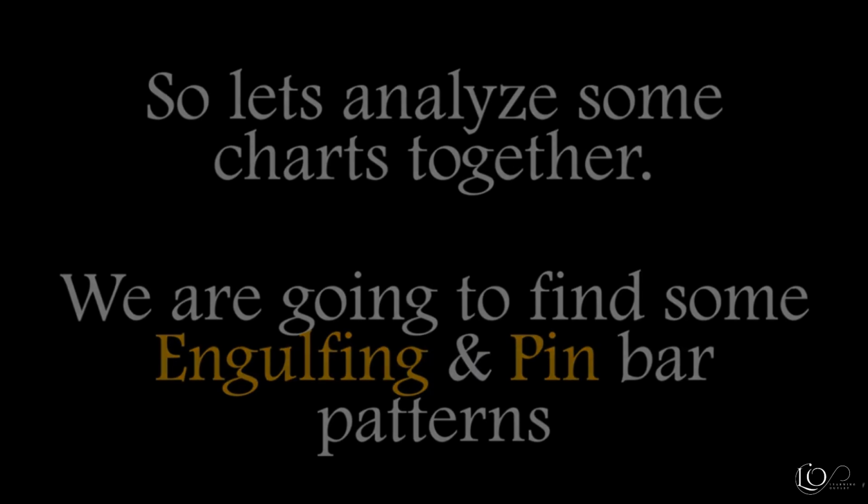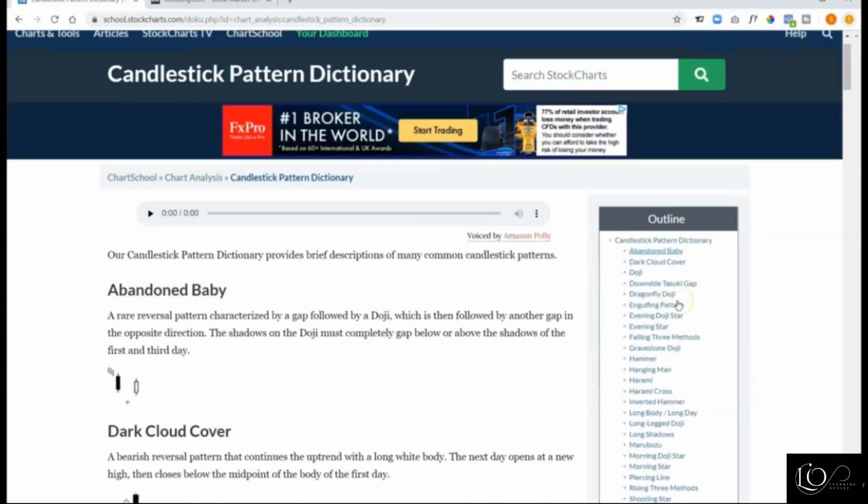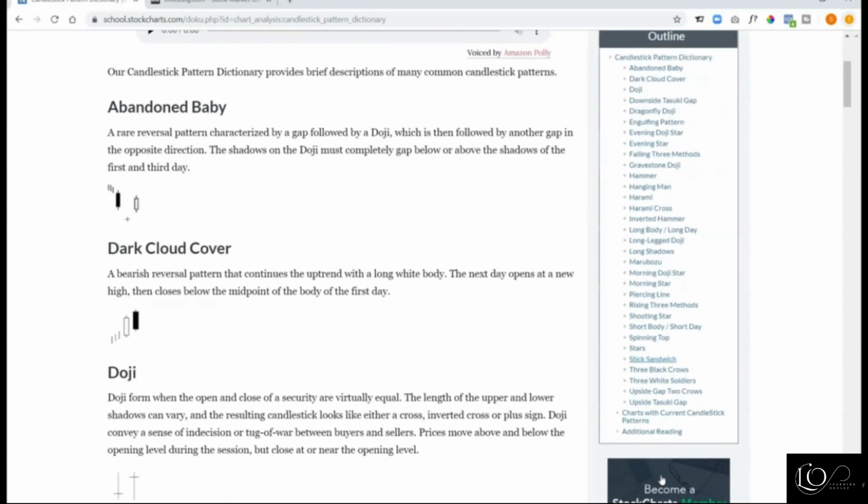But first, if you want to learn about all other candlestick patterns that are out there, you can come over to the Candlestick Pattern Dictionary and just search for it on Google, and you'll come here. This is the exact address, and this website basically gives you an outline of all the different kinds of patterns that are there.